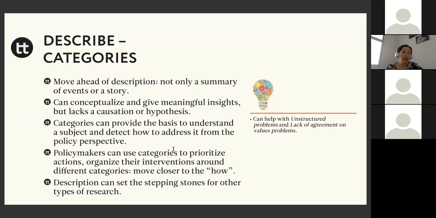Policymakers also like categories because they can help them move closer to finding a solution, right? Because we're moving from just many different stories, many different ideas, to being closer to finding a solution. And usually, these categories are a stepping stone, and they can help us into doing some additional research.